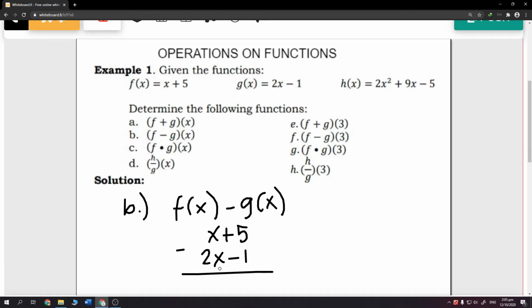Since we have subtraction, we have to change the sign of all the terms in the subtrahend. So this is positive now, and this becomes negative, and we proceed with addition. We are adding now. x plus negative 2x is negative x. Then positive 5 plus positive 1 is positive 6. So our answer is negative x plus 6.